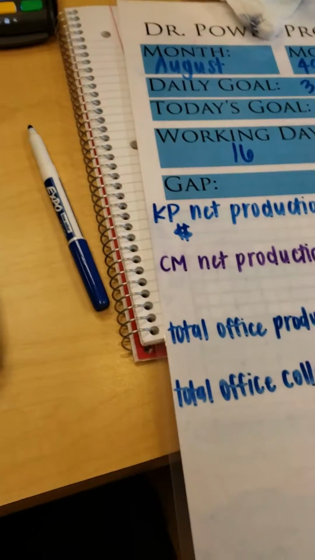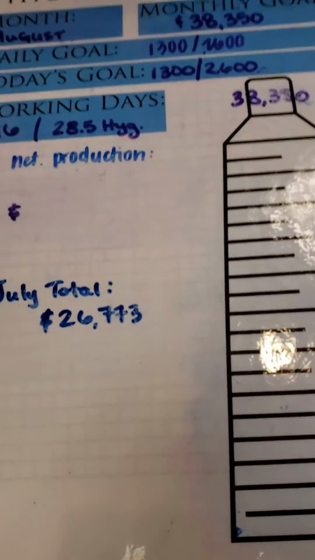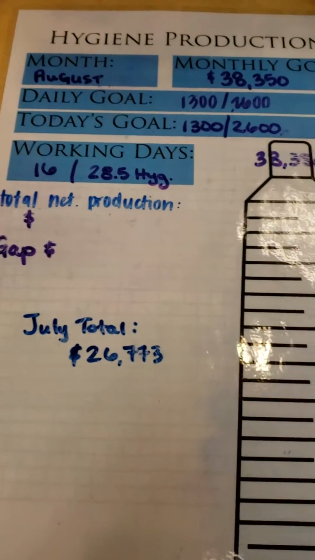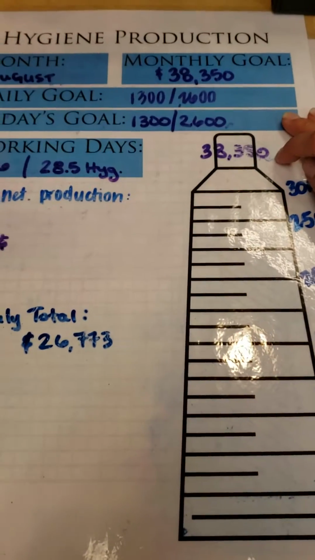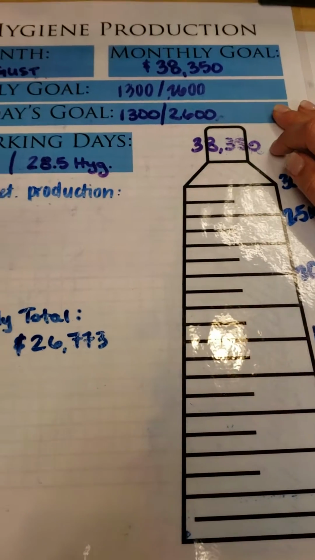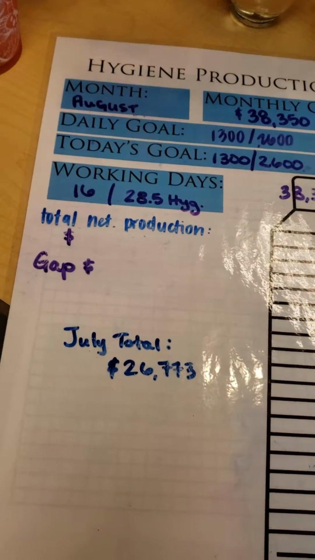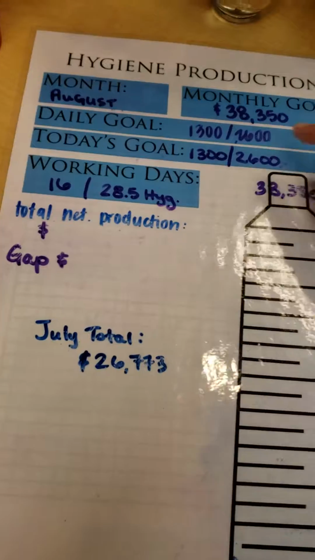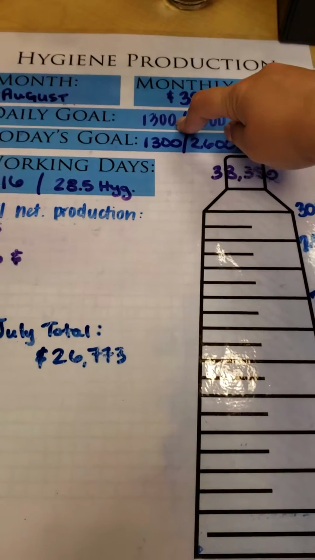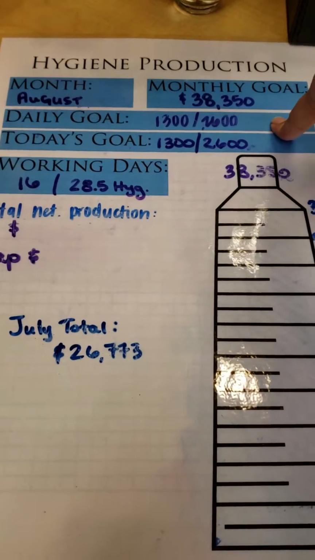You would do the exact same thing for hygiene. So hygiene this month, their goal for 3 hygienists with their hours is $38,350, which is basically $1,300 per hygienist per working day.